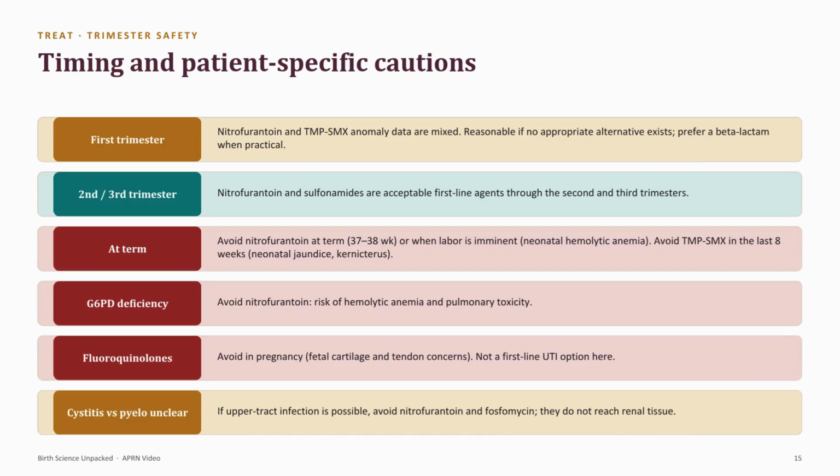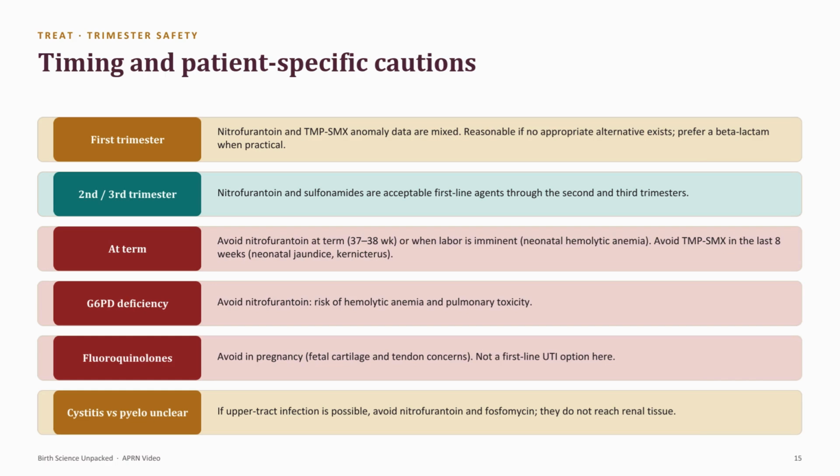Let's go over trimester safety. So first trimester, nitro and trimethoprim have mixed anomaly data. Use them if you must, but prefer beta-lactam when you can. Second and third trimester, nitro and sulfonamides are fine first line.